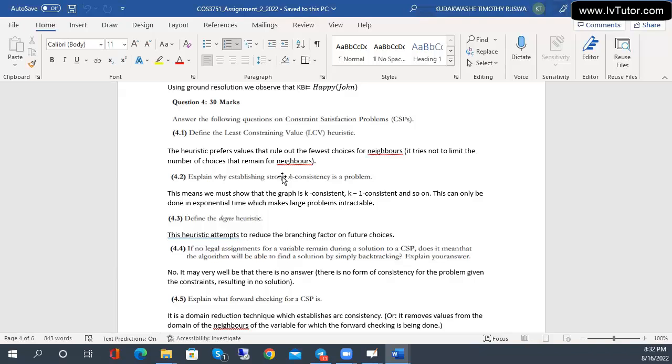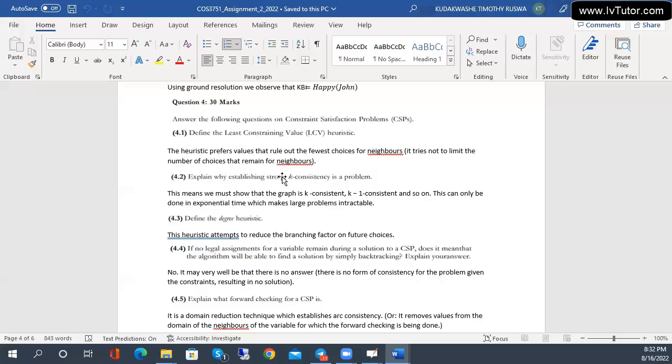I think we discussed that, 18 possible opening moves. It branches into 18 nodes, and from there it further branches into hundreds of nodes. So establishing a strong K consistency is a problem.